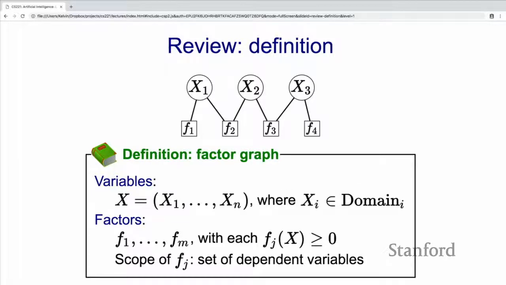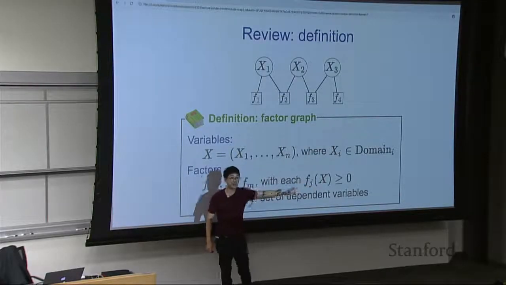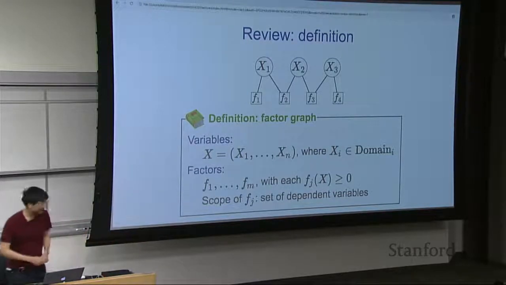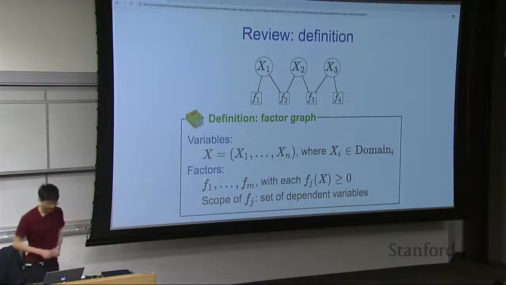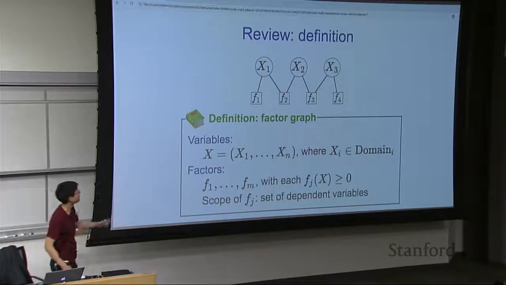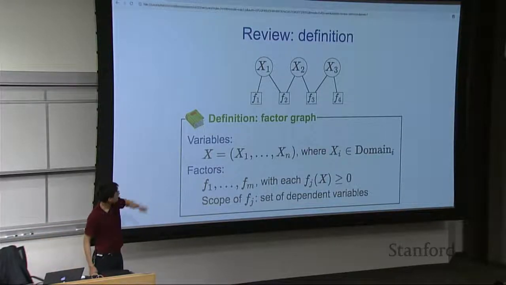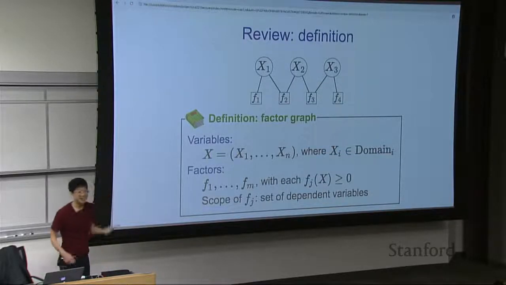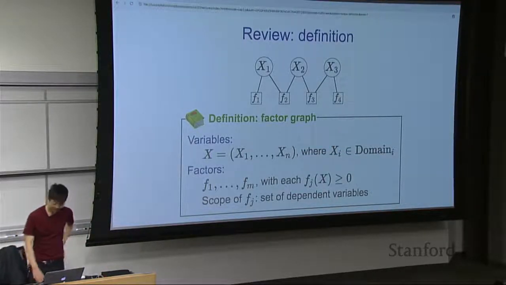There are a set of factors here, and the factors take in the entire set of variables, but really they only depend on a subset of them. And they output some score, which has to be positive. The set of variables that each factor depends on is called the set of dependent variables. So f1 only depends on x1, f2 only depends on x1 and x2, and so on and so forth.